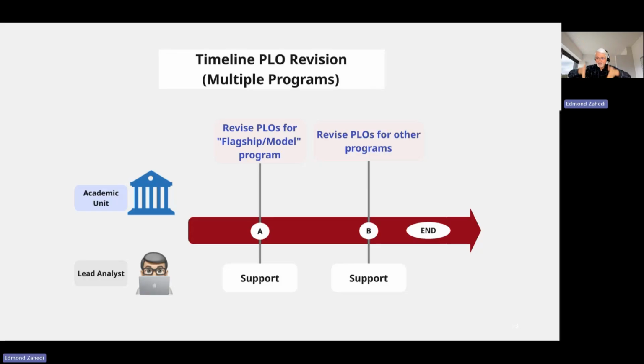They don't need to be all different, but they have to be different in at least 1 PLO. So for the revision of the PLOs for other programs, I will be at your disposition again to support you for the fine tuning with the wording, etc. And that takes care of the multiple program revision.